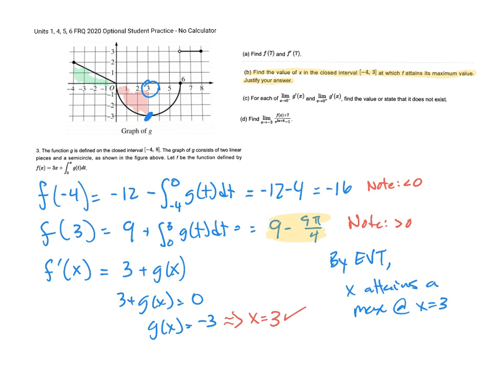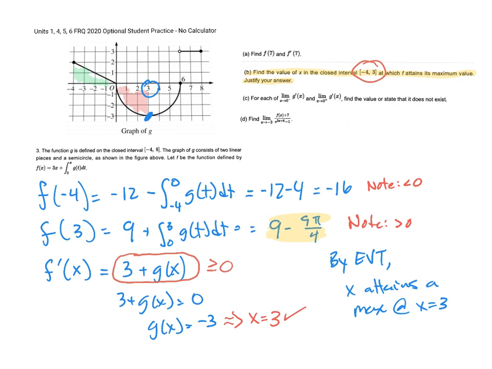Another way to look at this is to notice that the derivative on the interval negative 4, 3 is always either positive or 0.